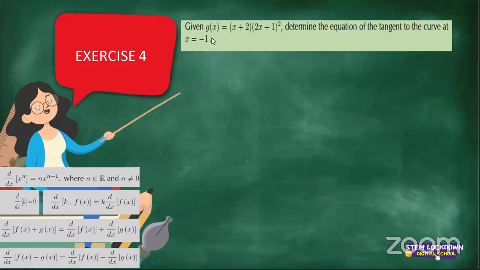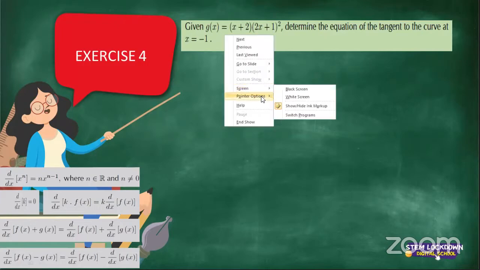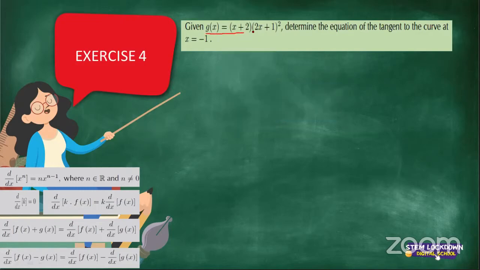And then again, we are given a function. So this is the function, in case you want to draw it. And then what do we need to do? We have to find an equation of a tangent. So we have to find the equation of the straight line which is passing at a point x equals -1.